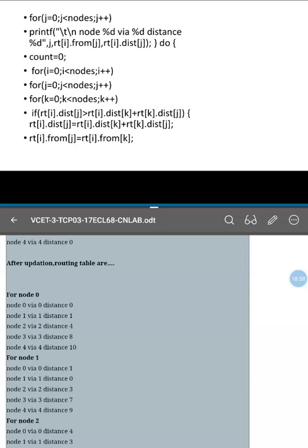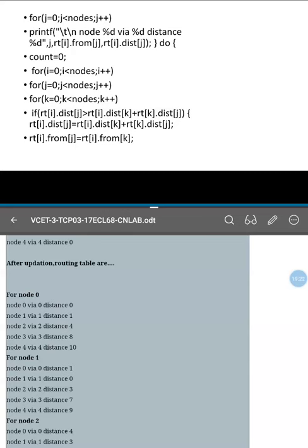So if RT of I dot dist of J will be 0, I will also be 0. The 0 to 0 distance is 0. If it is greater than any other intermediate node, then that distance itself will be assigned to this. But however it is 0, so it will be retained as it is.